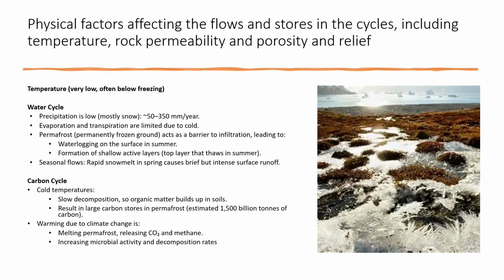Permafrost, permanently frozen ground, is present all the time. The active layer is frozen for most of the year. The flows do happen, but they happen slowly most of the time. They can happen quickly during spring and summer when we get rapid snow melt, but for short periods of time. Very much dependent on that spring and summer period.